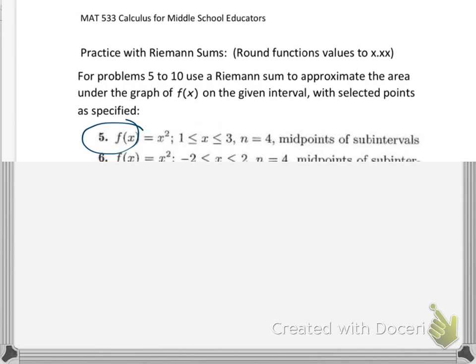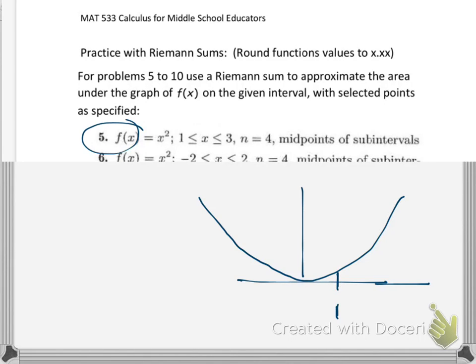So first off, we have your basic parabola. So that looks pretty much like that. We're going to run it from 1 to 3, and they want us to have 4 equal areas.